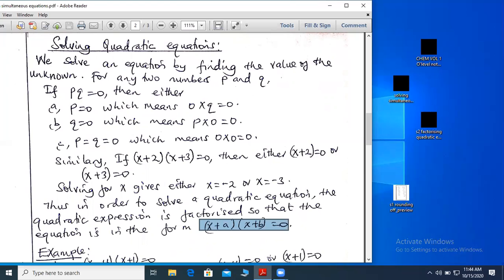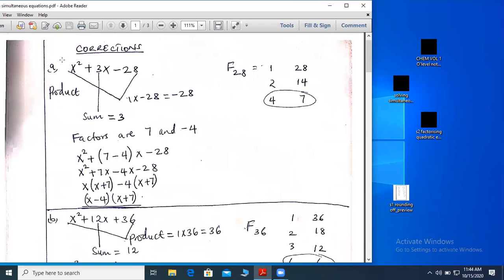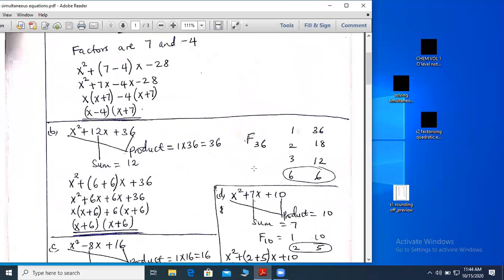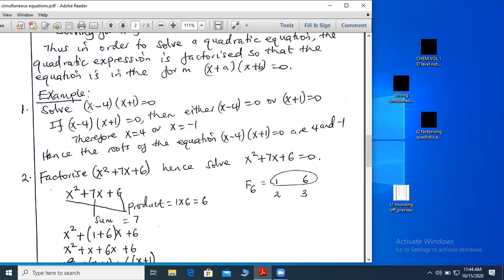So what is the difference? The equations that we were factorizing last time, when we learned factorization, there were no equal signs. So we just said factorize this. But when we put equal signs and we say equal to 0, it means we are asking you to get the values of x.